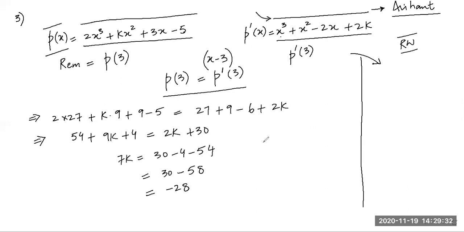See, you feel happy when you do this difficult sum. k is equal to minus 28 divided by 7. So k is equal to minus 4. All right, by finding k equal to minus 4, you all become masters of concepts.